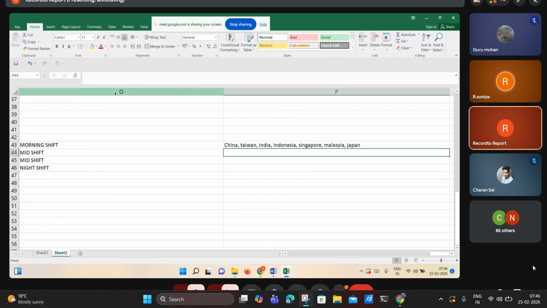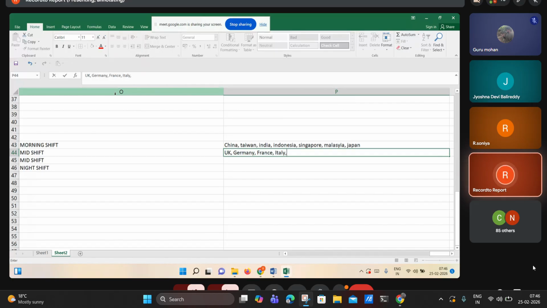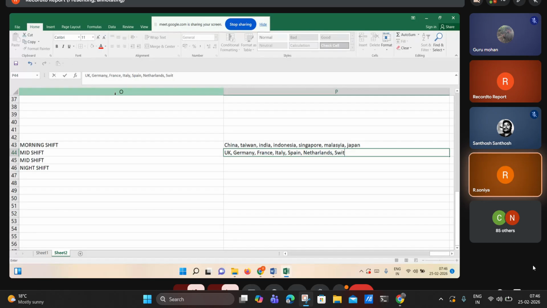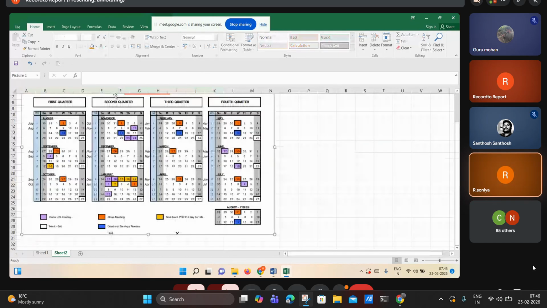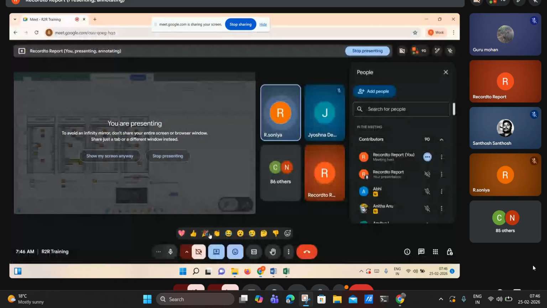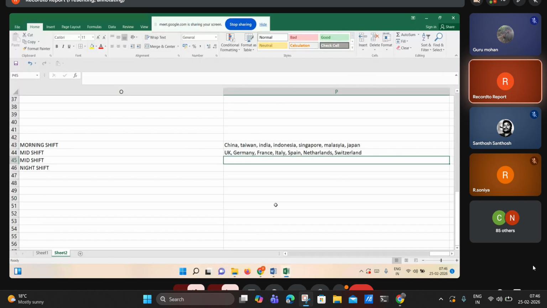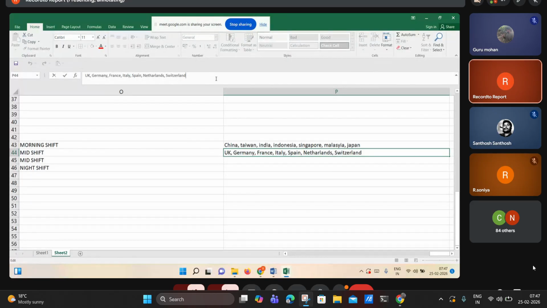So what are the different countries covered in EMEA? These countries: UK, Germany, France, Luxembourg, Italy, Spain, Netherlands, Switzerland, Sweden, Poland, Ireland, etc. guys.